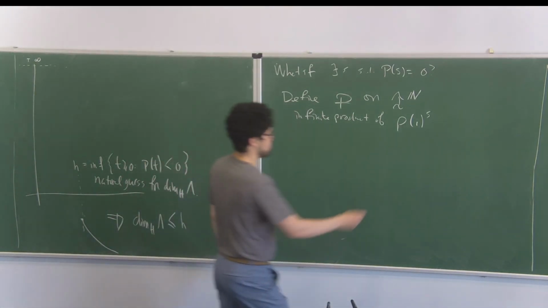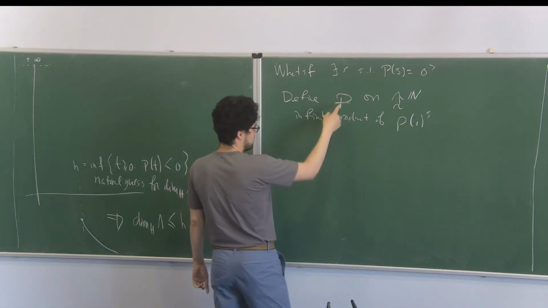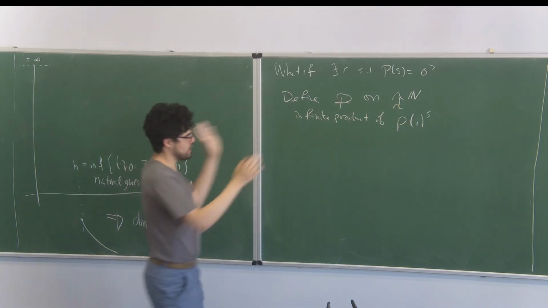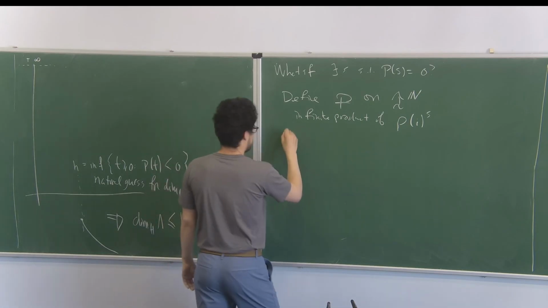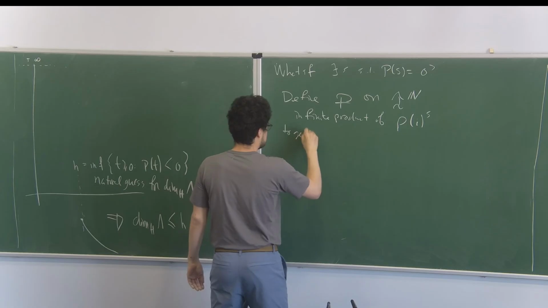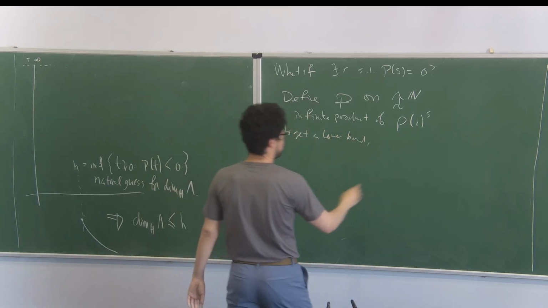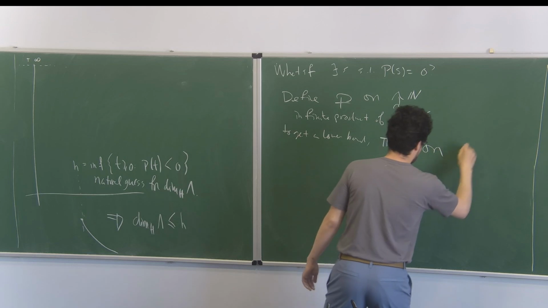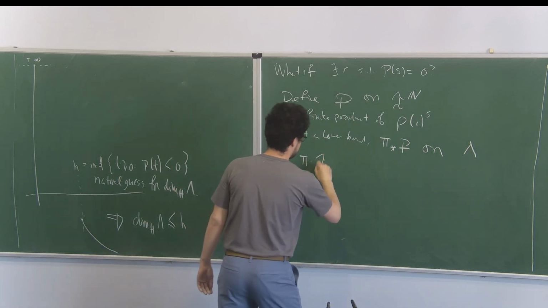So we define some sort of infinite product measure, and then we take a push forward, so we take an image. This is a measure which lives on this sequence space, but the sequence space corresponds to lambda in a reasonable way. So to get a lower bound, we look at the push forward of this measure on lambda, where pi is a projection map.